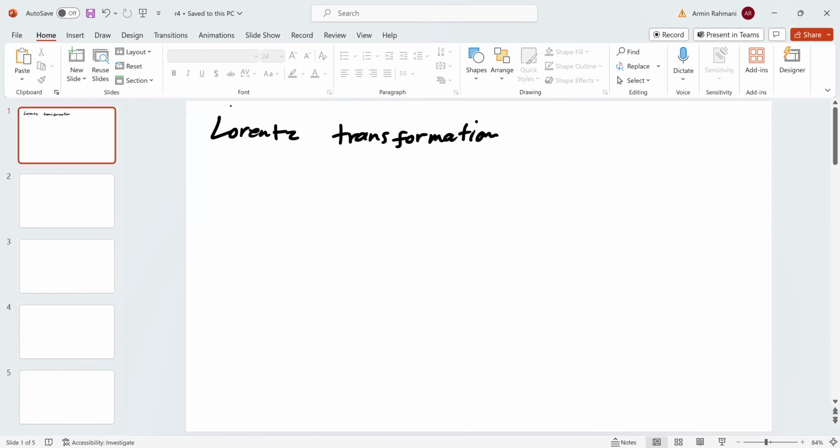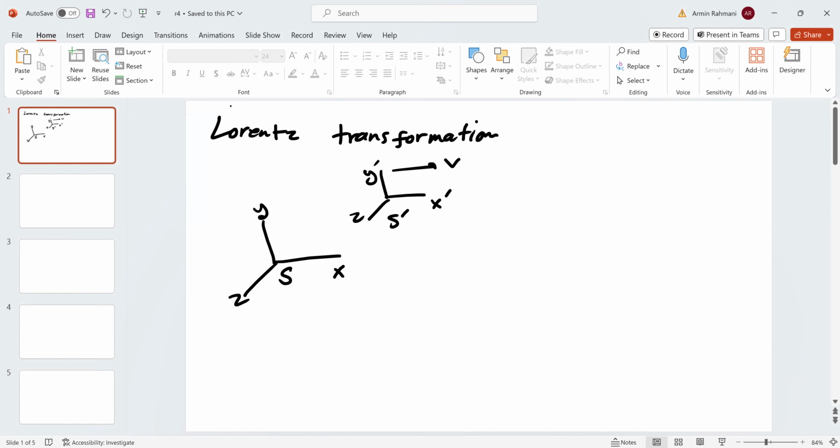So the general scenario that it describes is, again, we have two reference frames. So maybe reference frame S and some reference frame, let's say S prime, that's moving with respect to S with velocity v.